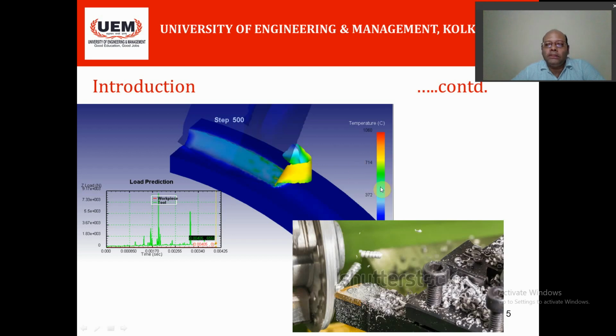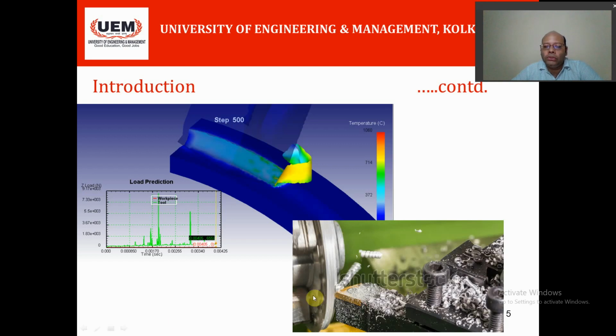You can see the temperature is almost 1080 degrees centigrade for this small step, and the forces generated are of the order of 10 to the power 3 Newton. In this case, if you use the carbide tool, you can see the chip produced.